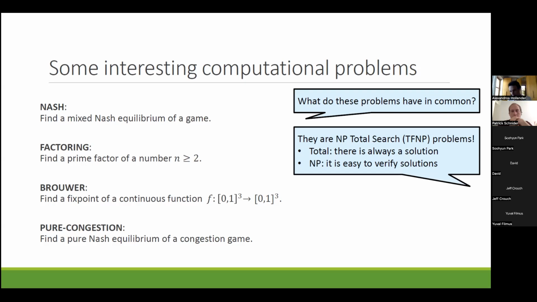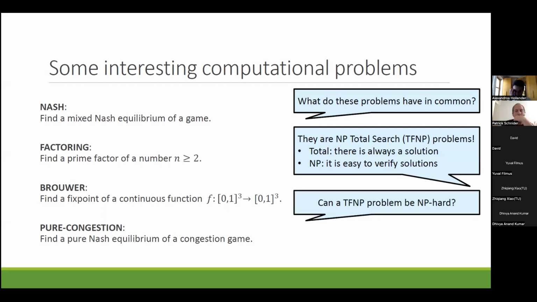Now, why is it important that they are in the class TFNP? Well, it has some implications. All of these problems are believed to be hard, mainly because we don't have a polynomial time algorithm to solve them. And we would like to be able to provide evidence for that. The way one usually provides evidence that a problem is hard to solve is by proving NP hardness.